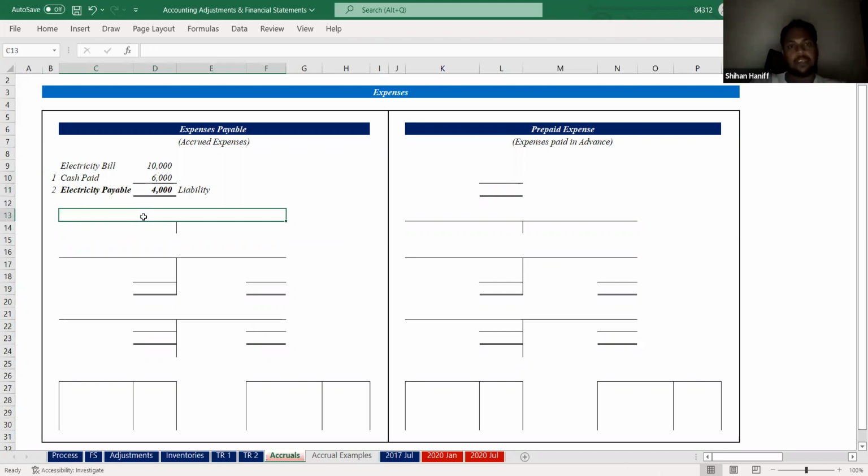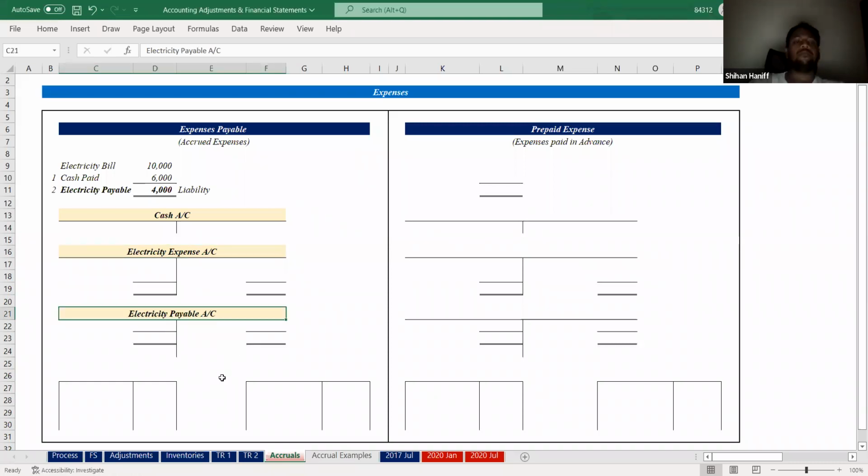For the first transaction, we need the cash account, the electricity expense account, and the electricity payable account. These are the three ledger accounts that we need.